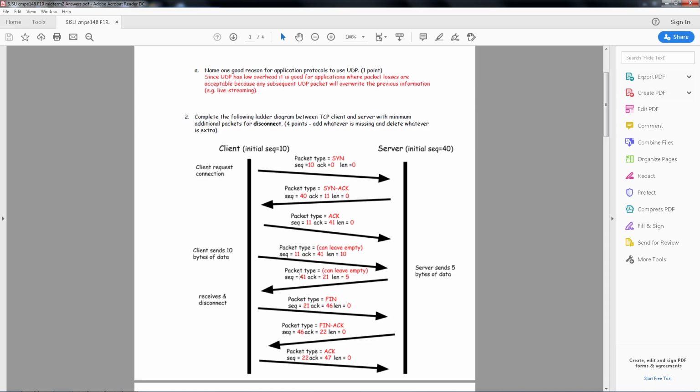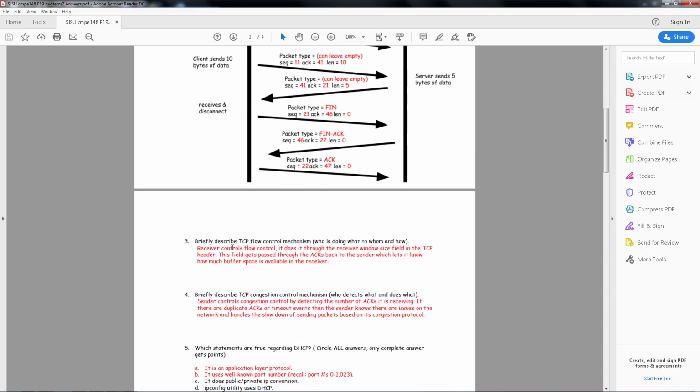The ACK must indeed be 46, because 41 plus 5 is 46, and we're sending no data, so the subsequent packet should be 22 because of the FIN, with a sequence of 46 for here. And the acknowledgement is then indeed correct because there's no data being sent, but we do need to increase the acknowledgement because of this FIN here. But again, this right here is incorrect because we need an acknowledgement beforehand if we are following this three-way close, because there is data being sent right here. So that is wrong on my part.